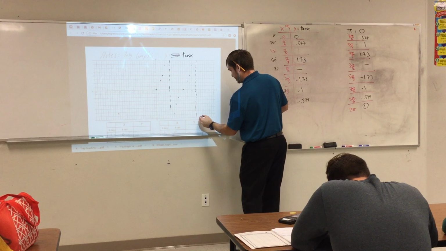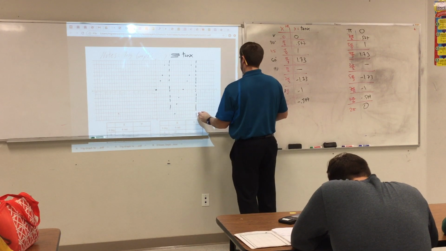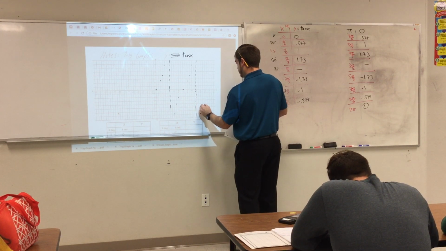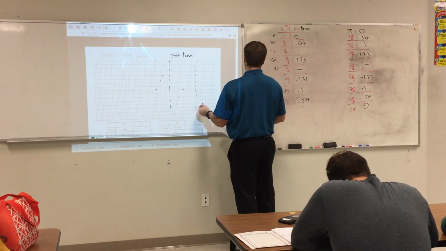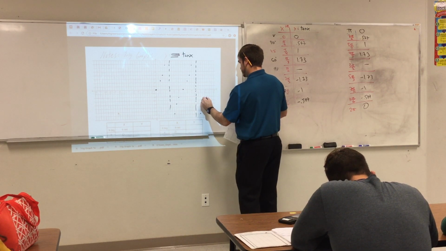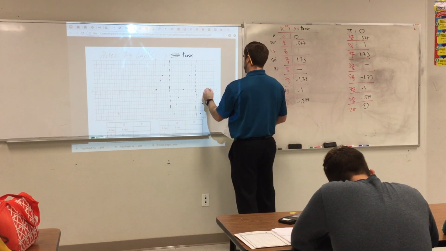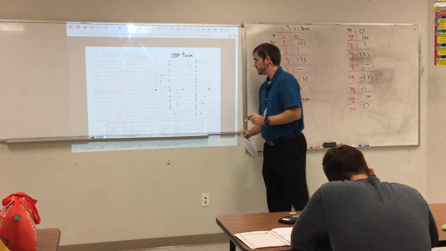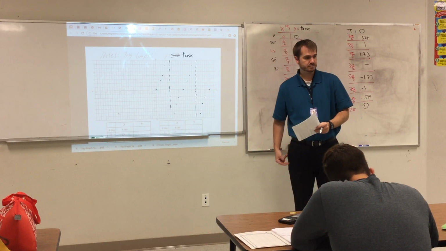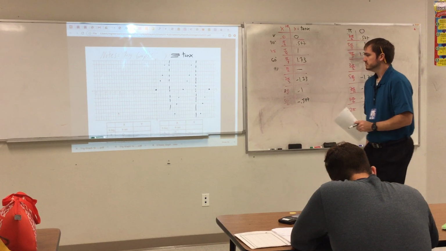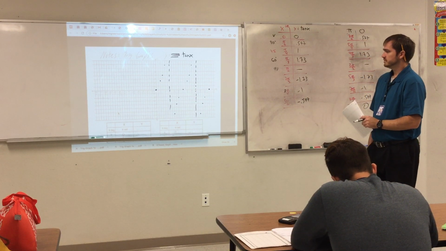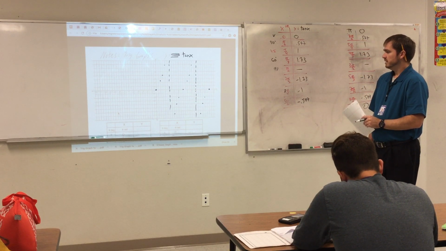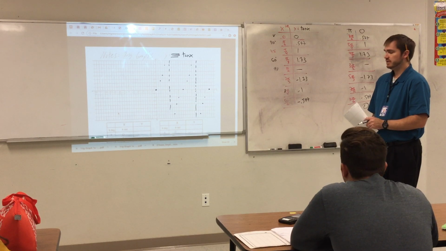Then negative 1.73, negative 1. And 2 pi over 0. Alright, that definitely does not look like sine and cosine.